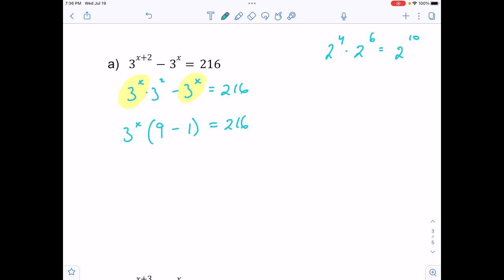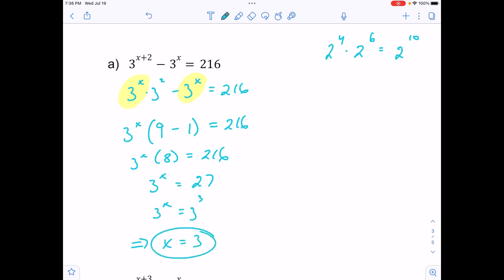That's 8. I bet I can divide 216 by 8. And in fact, 216 divided by 8 is 27. Here we go. 27 is 3 cubed. And so I can jump to my exponent now. I can say then x is equal to 3.